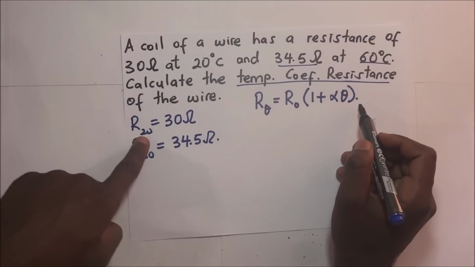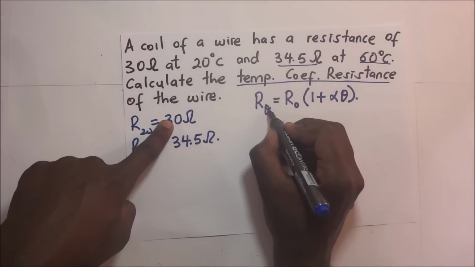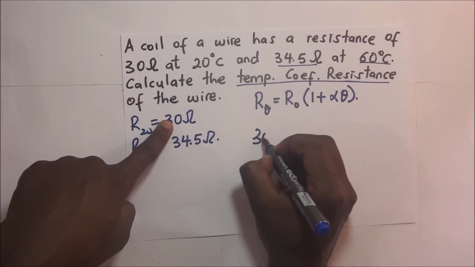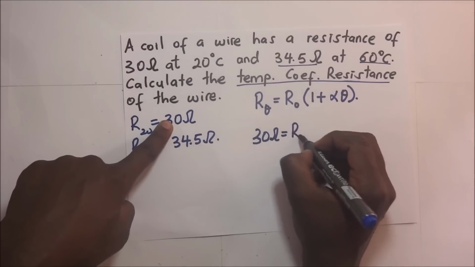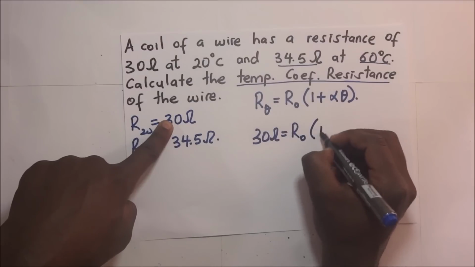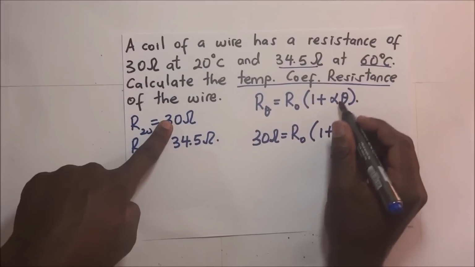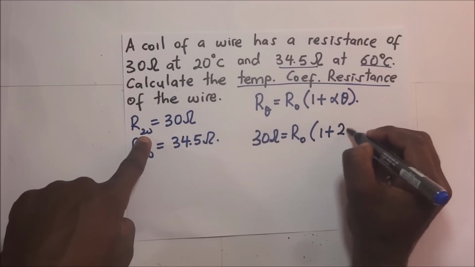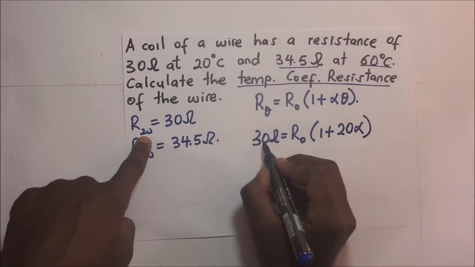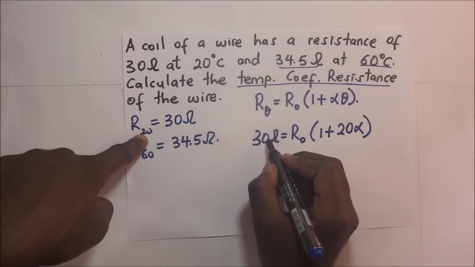So the resistance at 20 degrees, which is 30 ohms, is going to be equal to the resistance at 0 degrees Celsius, which we don't know, into 1 plus alpha times theta. The value of theta in this case is 20 degrees Celsius, so it's going to be plus 20 alpha.